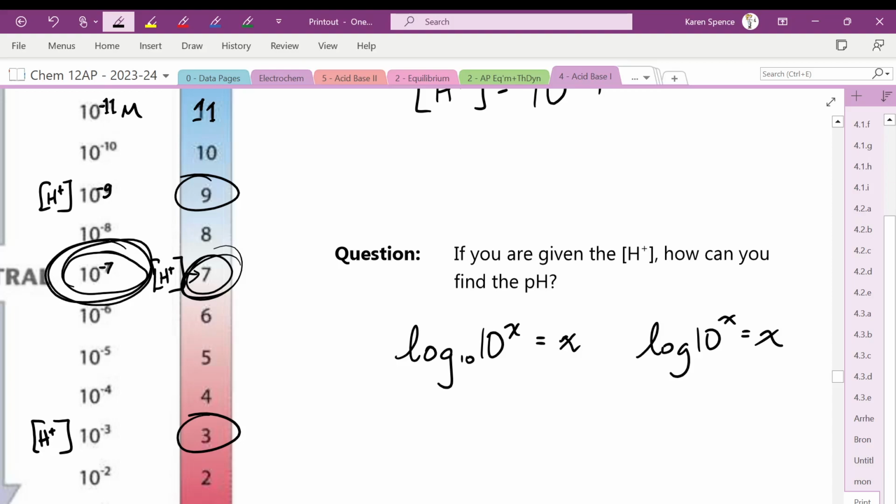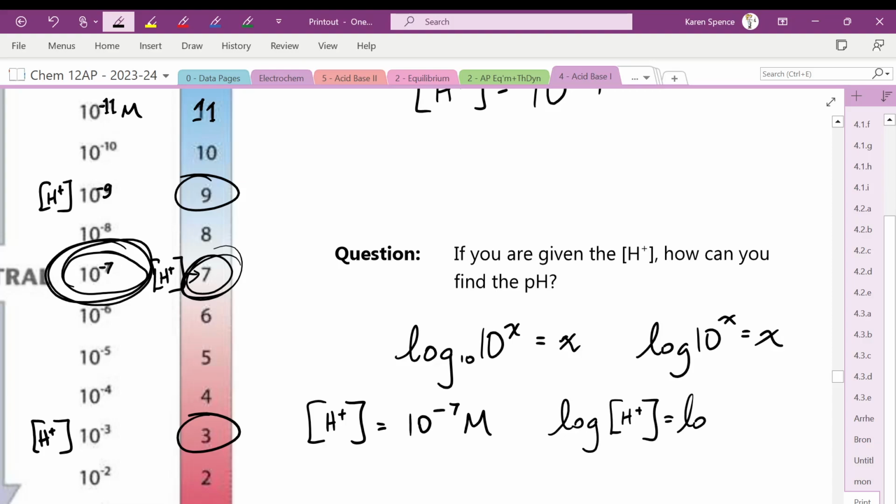So if concentration of hydrogen is 10 to the negative 7 molar, what if we were to take the log of the concentration of hydrogen? That would be the log of 10 to the negative 7, which would be what? What's the log of 10 to the negative 7?